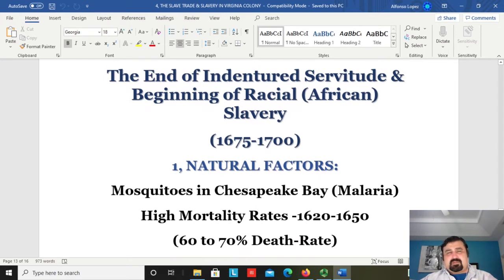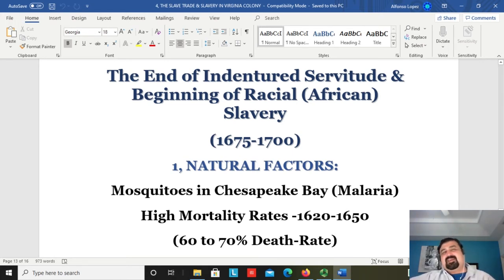So this particular labor system is going to come to an end, as we'll see, particularly in the latter part of the 1600s. Let's say from 1675 to 1700, we're going to see a shift from indentured servitude to African slavery. There's going to be a replacement.